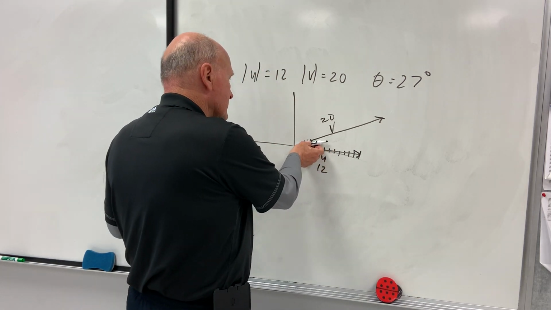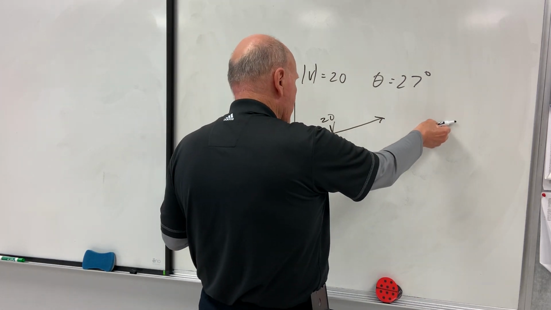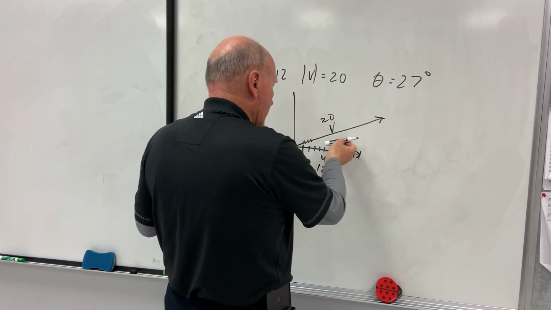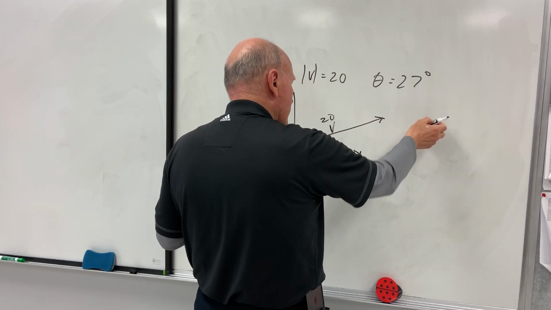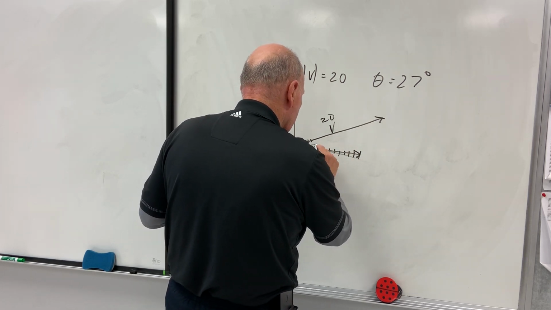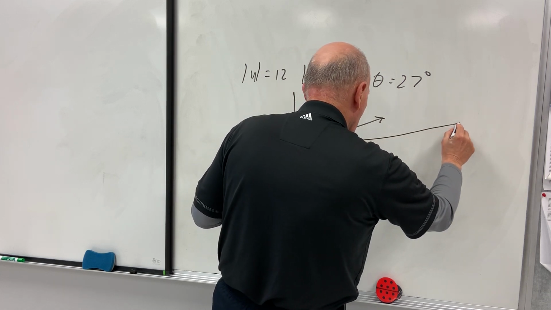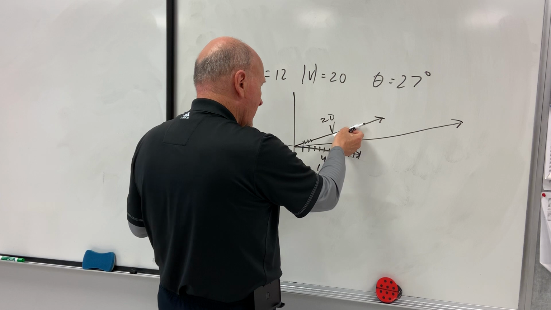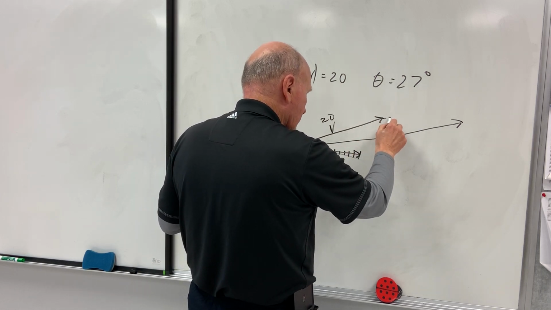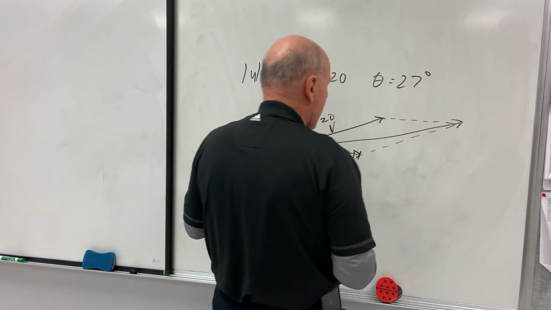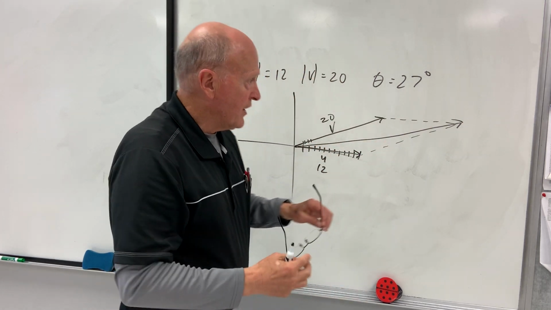One of them is I could draw the line right here, and then I could make a parallelogram out of it, and that would give me the resultant vector right there. So this right here would be the resultant vector. I'd take this vector, it'd make me a parallelogram right here, and make a line parallel right there, and that would do it. One way of doing it.